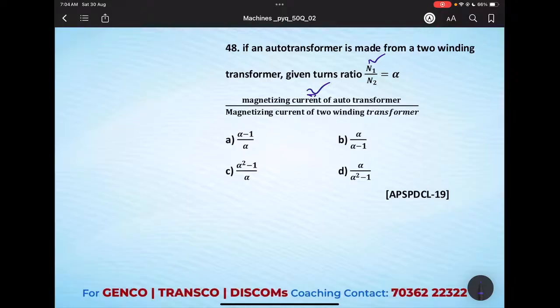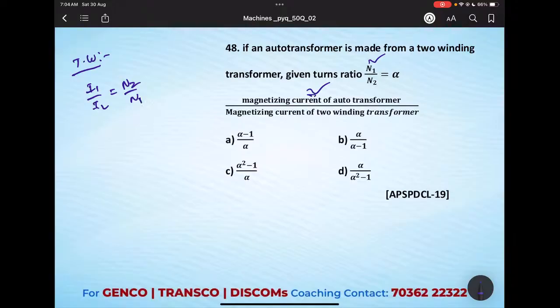We will come from the basics. First of all, we will write the two winding transformer relation. We know that I1 by I2 equal to N2 by N1.